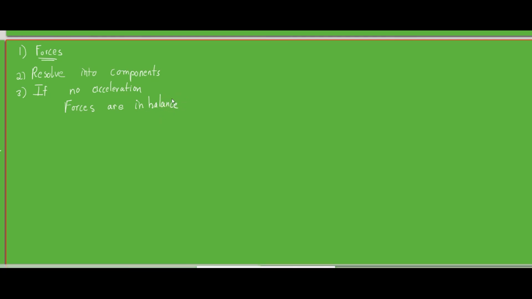If forces are in balance, there will be no acceleration in that direction. Okay. But if there is acceleration, net force will give you the acceleration. So if there is acceleration, then net force is not equal to 0.